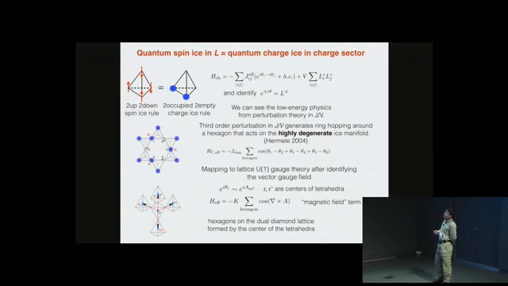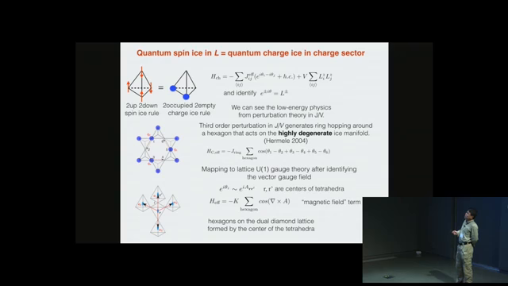The two-up, two-down spin ice rule for the L variable is basically a two-occupied, two-empty charge ice rule for the charge sector. In the very large V limit, we can obtain the low energy physics from perturbation theory, perturbative in J over V. In third order perturbation theory, we generate a ring hopping around the hexagon that acts on the highly degenerate ice manifold.